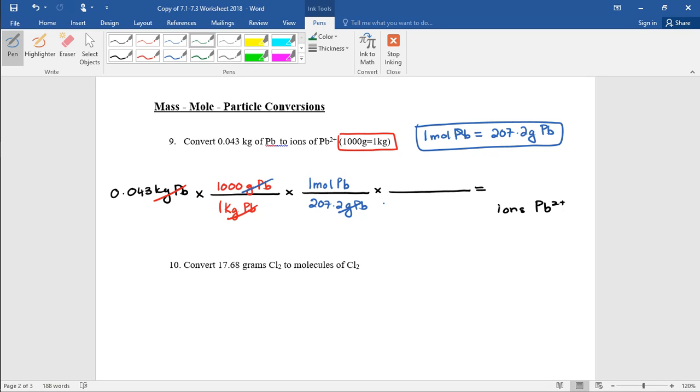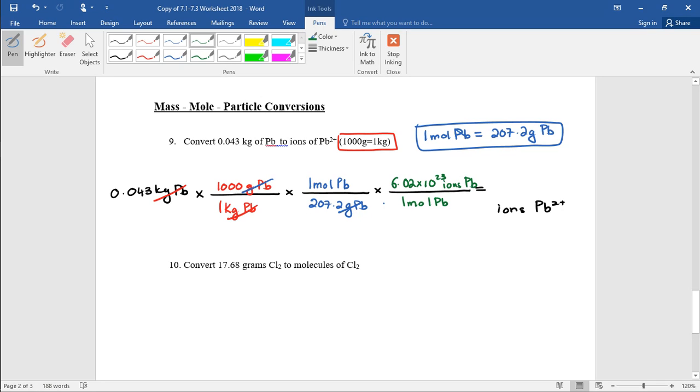Now I want to go to particles of lead, but the particle specifically is ions, so 1 mole of lead is 6.02 times 10 to the 23rd ions of lead. So I want to cancel out the moles, so 1 mole of lead on the bottom, 6.02 times 10 to the 23rd ions of lead on the top.